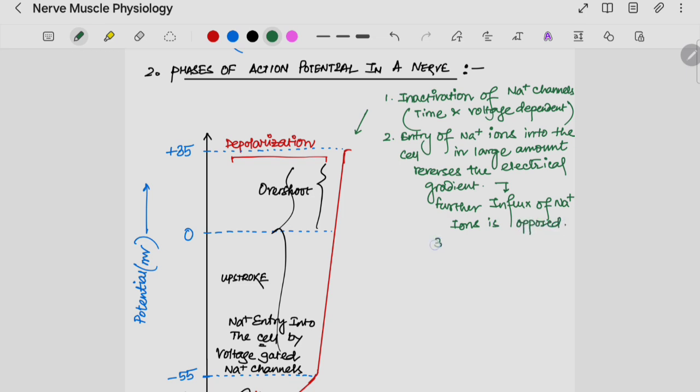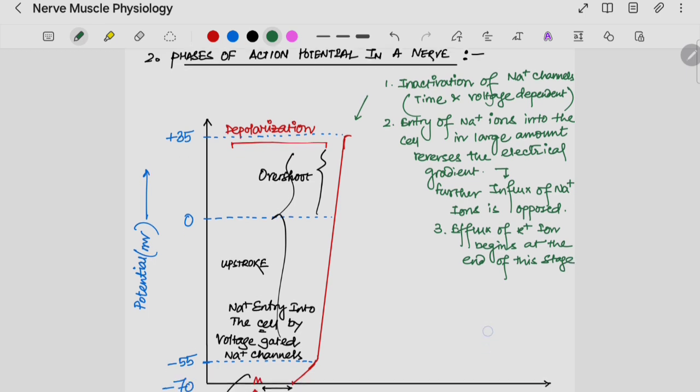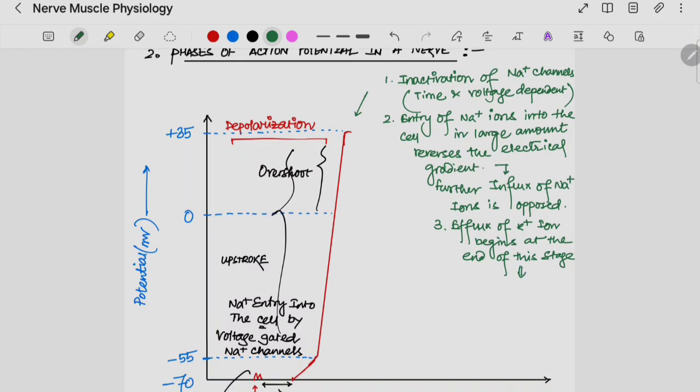Thirdly, efflux of potassium ions begins at the end of this stage, due to which intracellular positivity decreases. Now what happens? The membrane potential falls down.